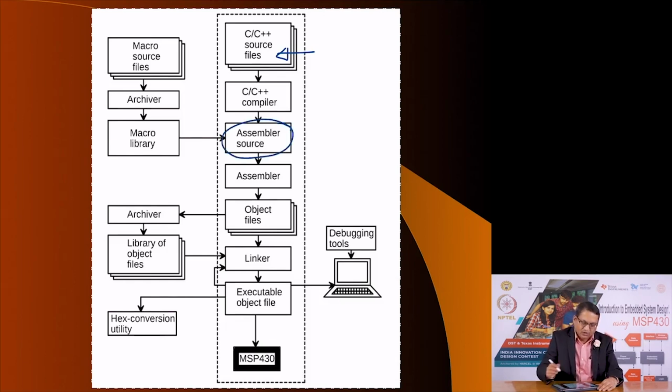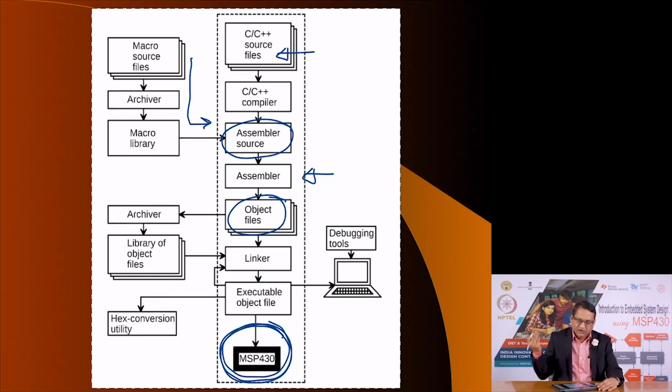At that time you could use third party libraries to integrate into this. Then this is assembled by the IDE and you create object files, these are linked, and you create an executable file, which is nothing but the binary code, and then you are ready to download it into the MSP430 target.